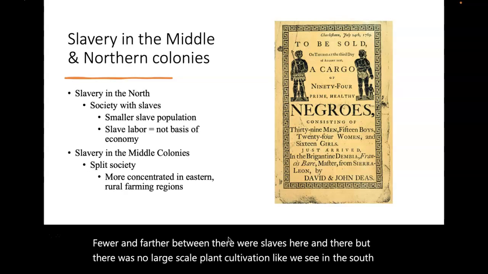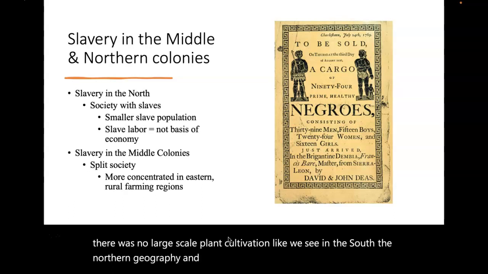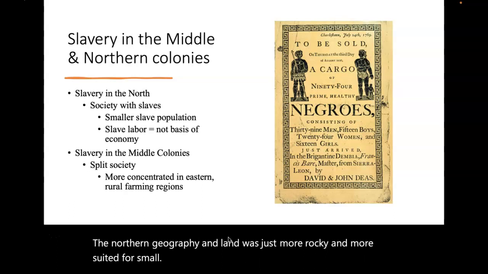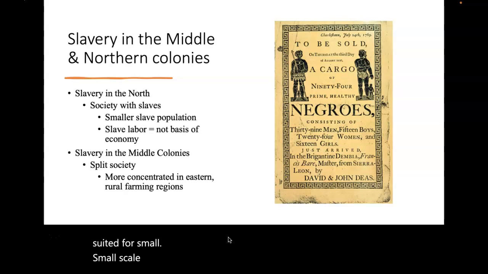The northern geography and land was just more rocky and more suited for small-scale farms, family farms, rather than large-scale crop production like we see in the South. And so this is what historians see as a society with slaves, right?